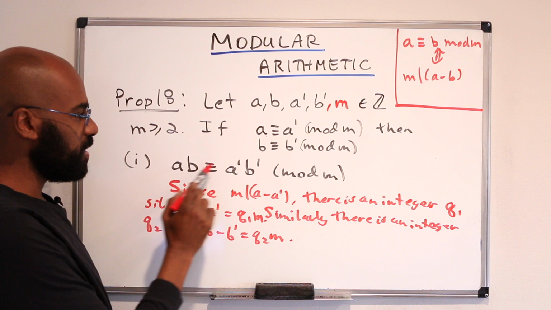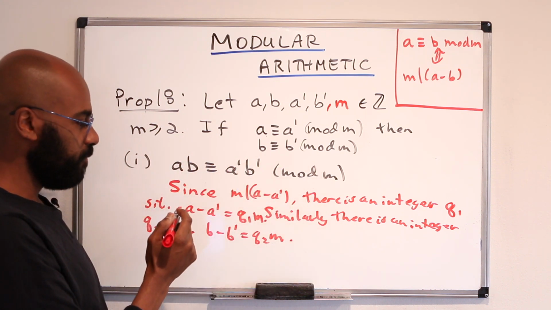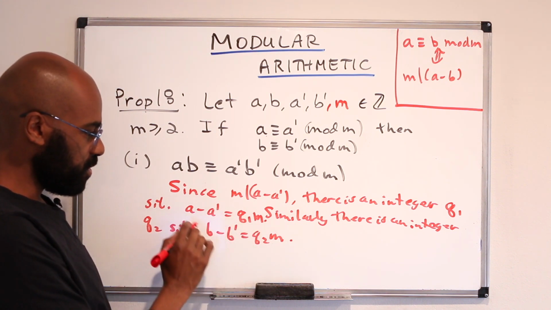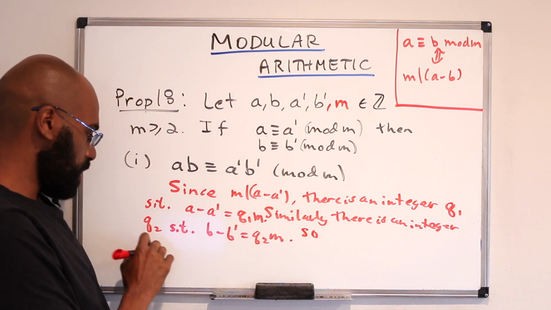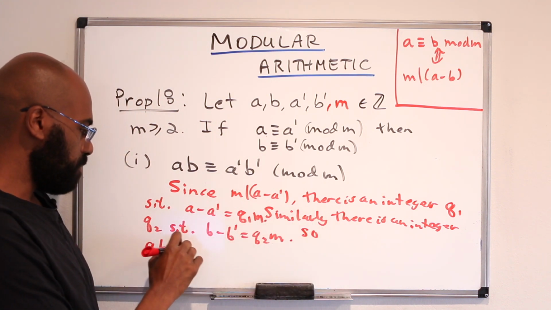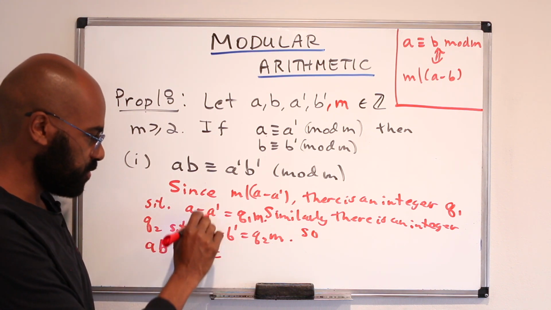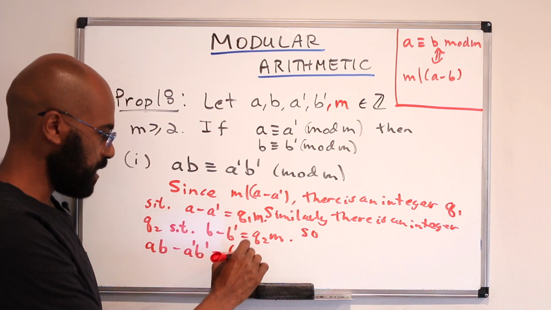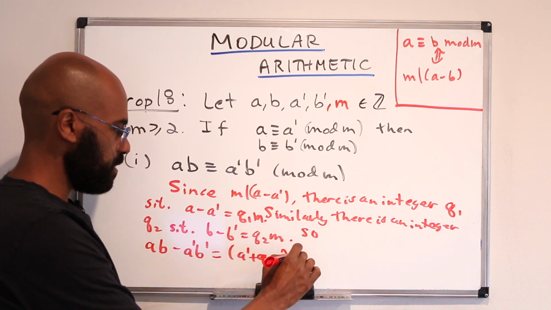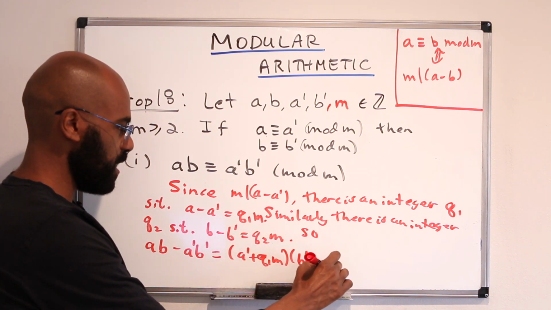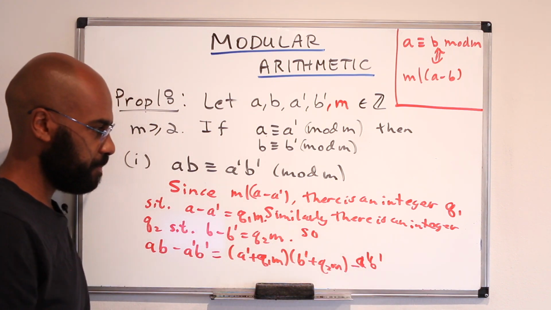Okay, and so we want to know what the difference of these two is in terms of being a multiple of M. Hopefully, we can make a substitution in here that'll help us. So AB minus A prime B prime is, we can make our substitutions for A and B. A is A prime plus Q1M, and B is B prime plus Q2M, and then we're subtracting A prime B prime.